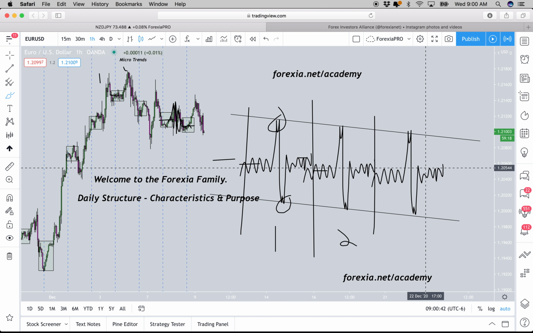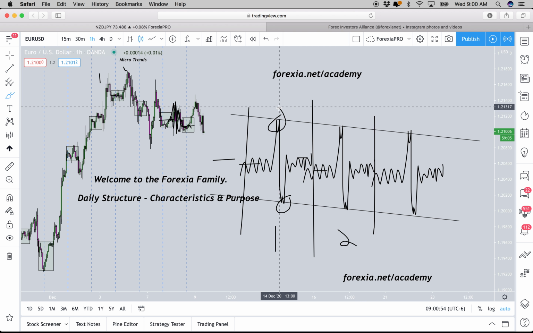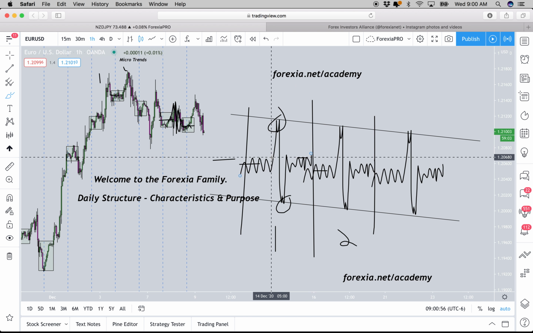And you can find this mirrored on every single pair, on every single time frame, whether it be in micro or macro, whether it be on the 1 hour or the 1 minute or the 1 month time frame. You'll see this structure everywhere you see a trend, because this is the fundamental.